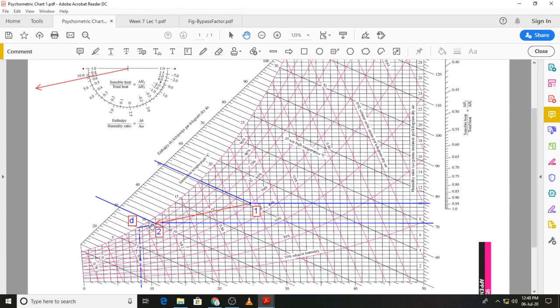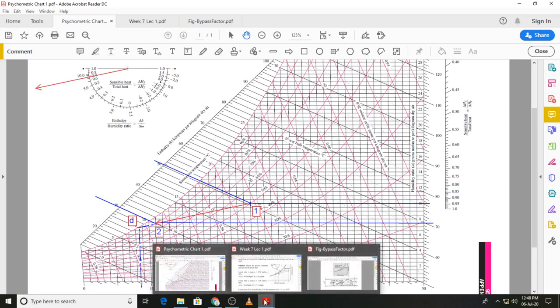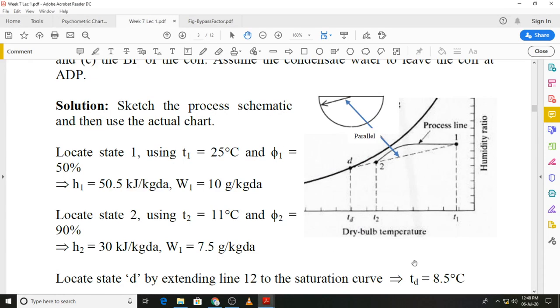And you can see I have extended the process line 1 to 2 to the saturation line, and at that particular point, if we read the temperature, this is 5, 6, 7, 8, around 8.5 degrees is the temperature at D, and that is what we have got in the solution.